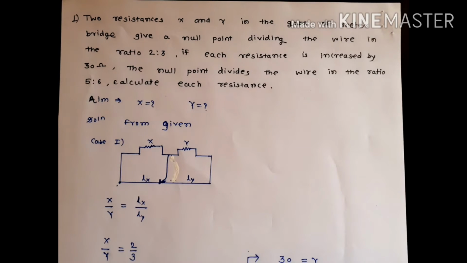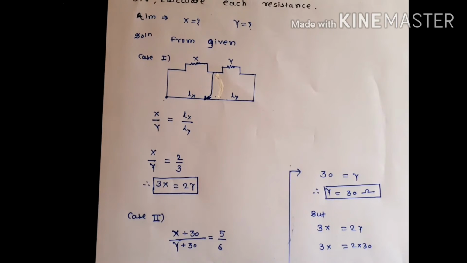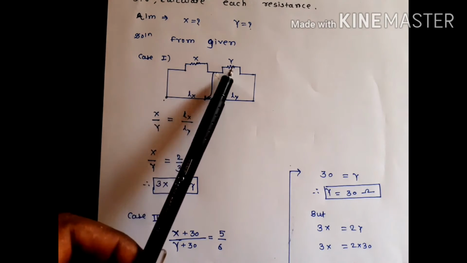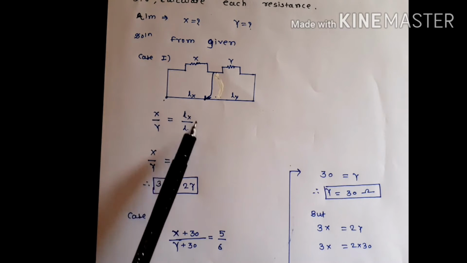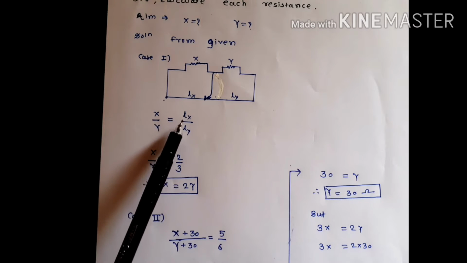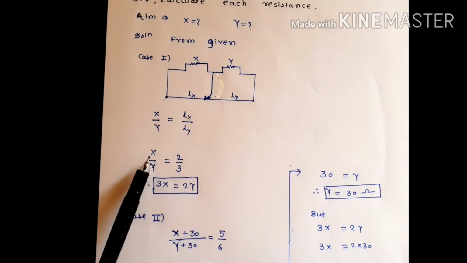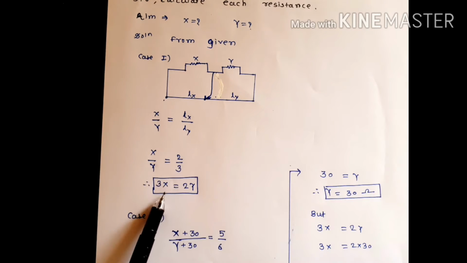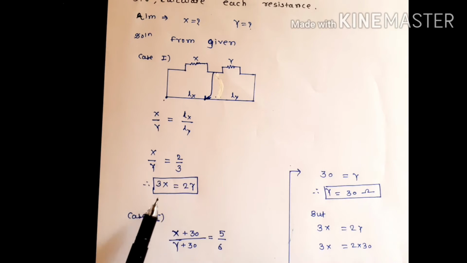When the bridge is balanced, X divided by Y is equal to Lx upon Ly. According to the given, Lx upon Ly, this ratio is 2:3. By taking the cross product, we got 3x is equal to twice y.